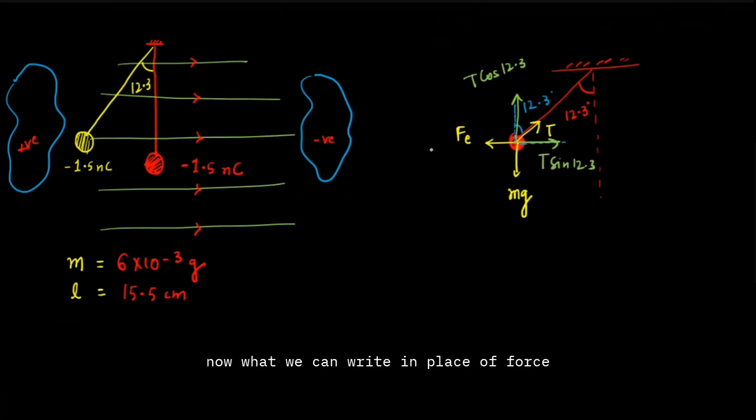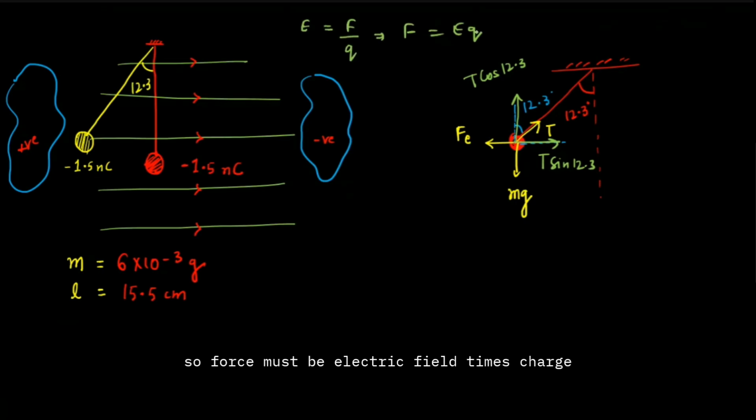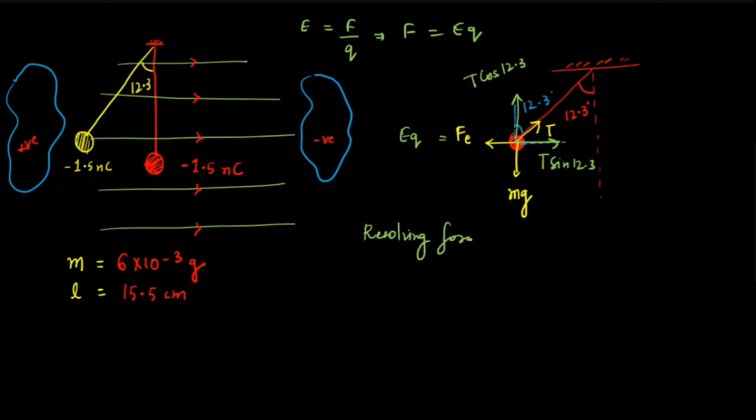Now what can we write in place of force? As we know, electric field is force per unit charge. So force must be electric field times charge, so in place of this you can write EQ. Now we'll resolve the forces in the x axis and y axis respectively.